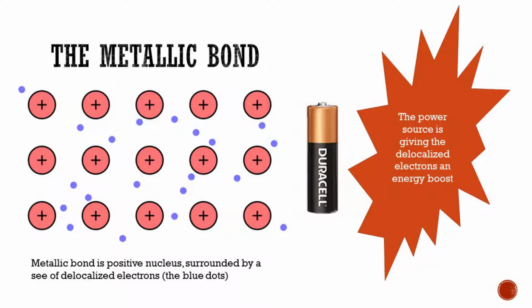The power source, aka your cell or battery, can give energy into the circuit via these conductors, which have metallic bonds, and the electrons get energized. Then the electron passes it on to the next electron and passes it on to the next electron, and this obviously happens super fast. And hence we talk about our metals as being conductors.